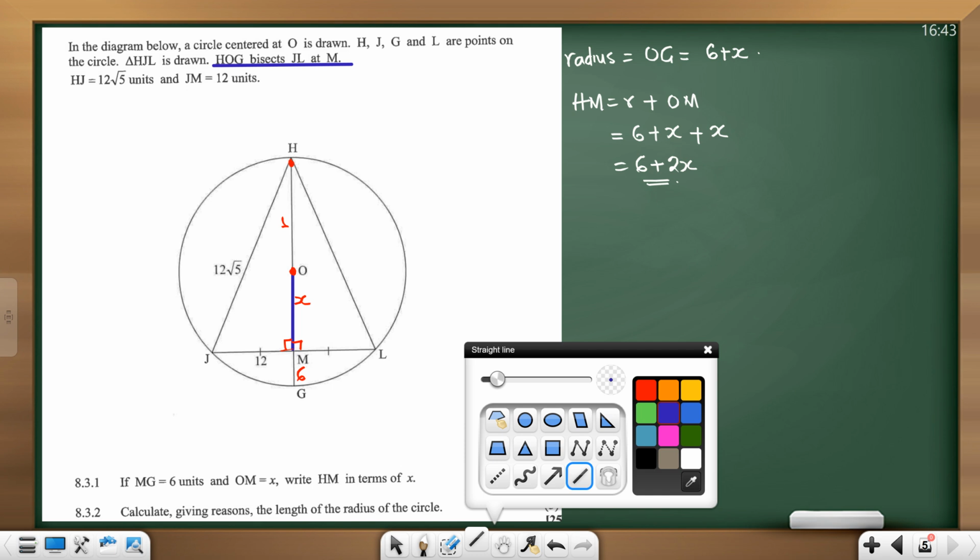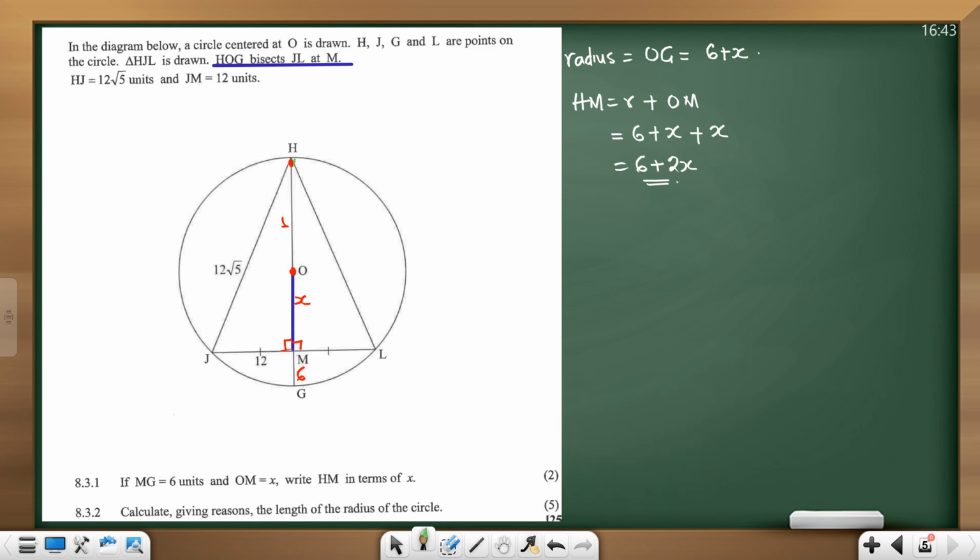Wait, what did I say? We said the radius is what? 6 plus X, right? So HM is HO, my radius. Oh yeah, I made a mistake. No, it's fine. I'm correct. Check here, lady.